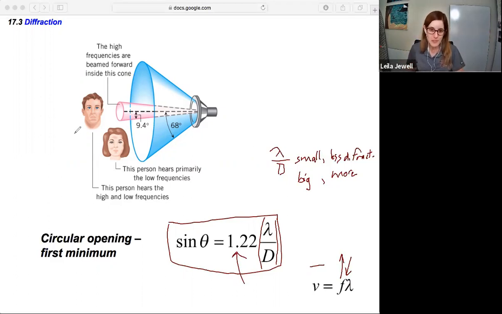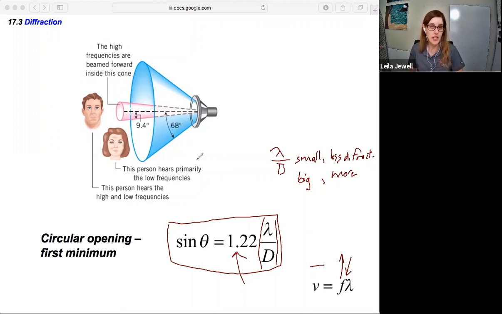What that means is you'll be able to hear the high frequencies only if you're able to have your ear inside that cone. So the man here can hear the high frequencies as well as the low frequencies that are in this blue cone, right? But a person who's just slightly off center of the speaker can only hear the low frequencies, and she can no longer hear the high frequencies. Those get washed out, right?